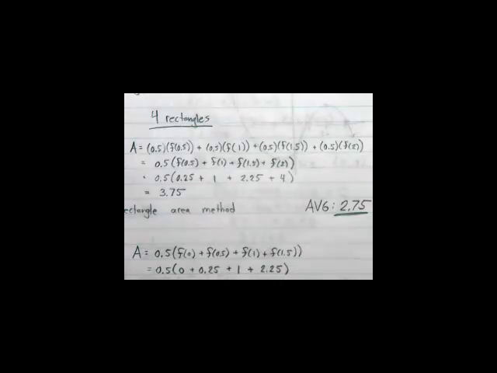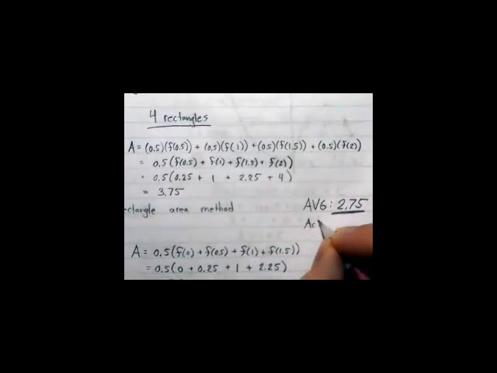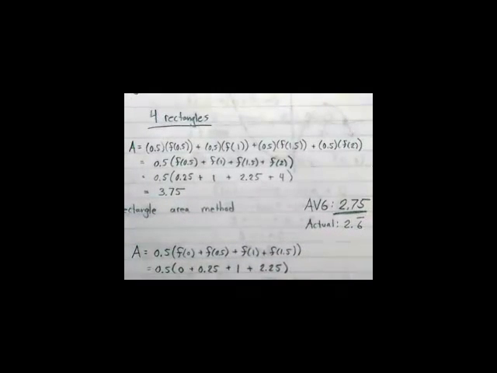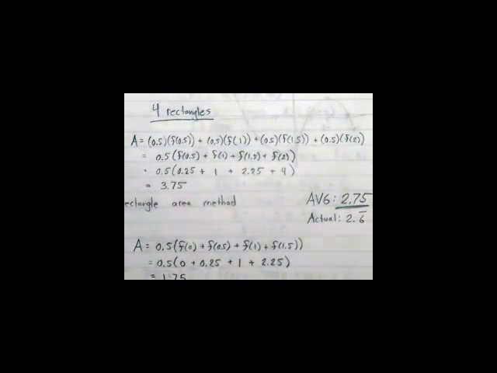And again, I know how to do that on my calculator and get it exact, which you will learn later. And that is 2.6 repeating. So, fairly close. Not too bad. 2.75 versus 2.6 bar. That's pretty good.